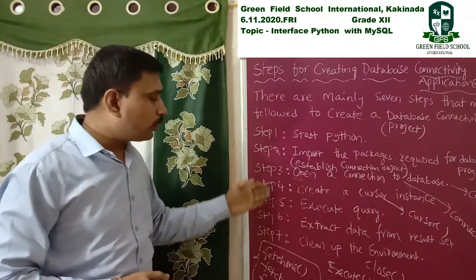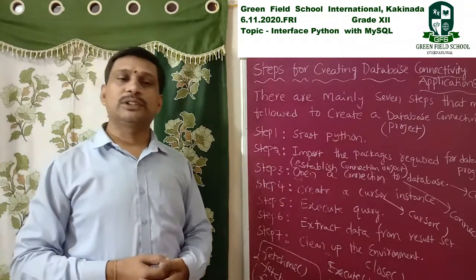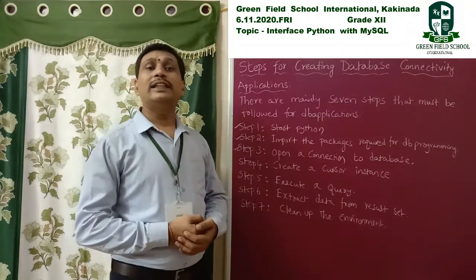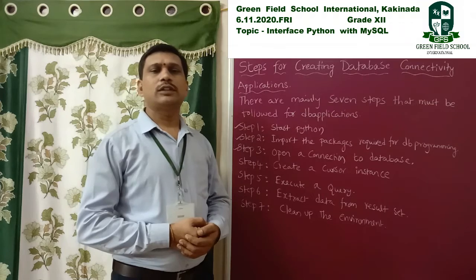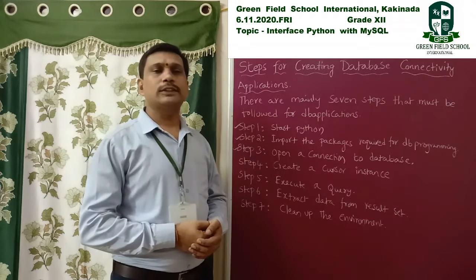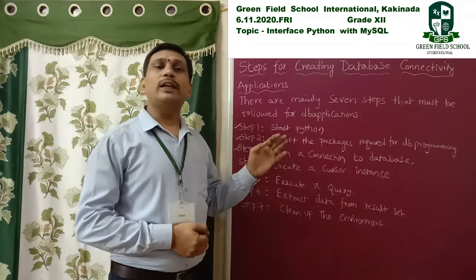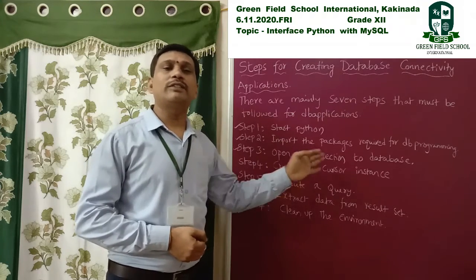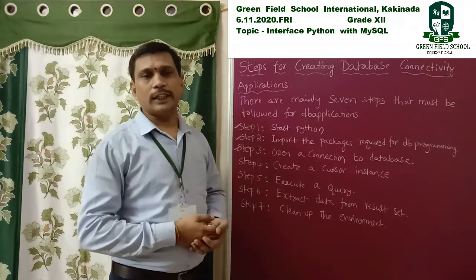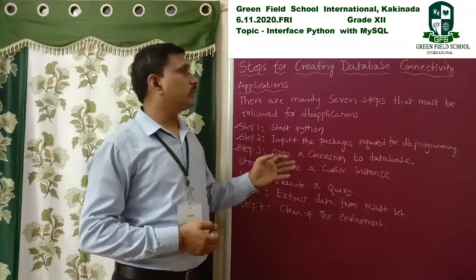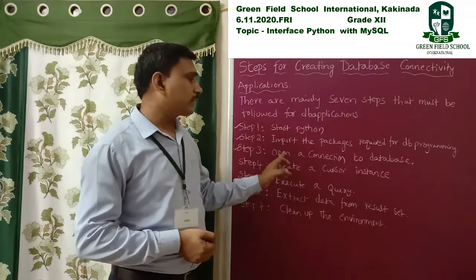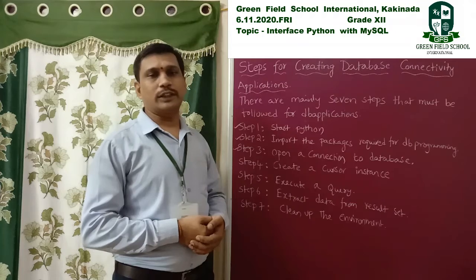Then we go for all these 7 steps. After completion of all these 7 steps in database connectivity application programs, we connect the Python program, the front-end application, with the back-end, that is the MySQL database. How do those two interact? By using the database connection object from the third step.